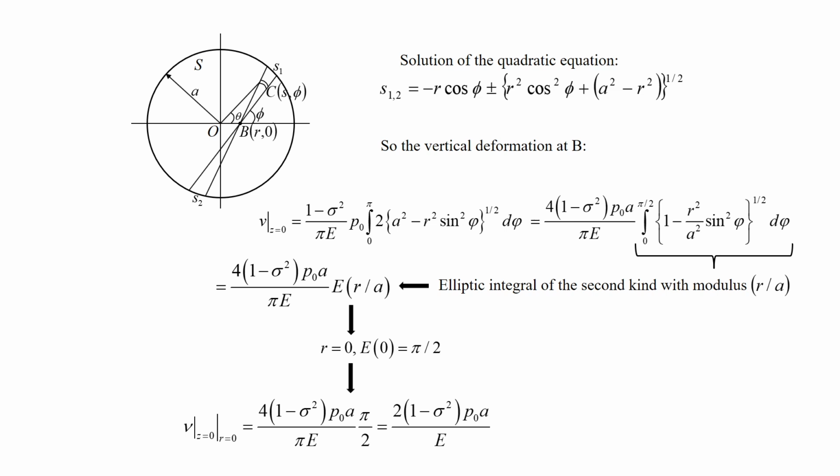Here we will get pi by 2 at r equal to 0, E equal to pi by 2 as I wrote here, and therefore, one will get something like this. This is the value that we will get, and so this is the way it comes out to be.